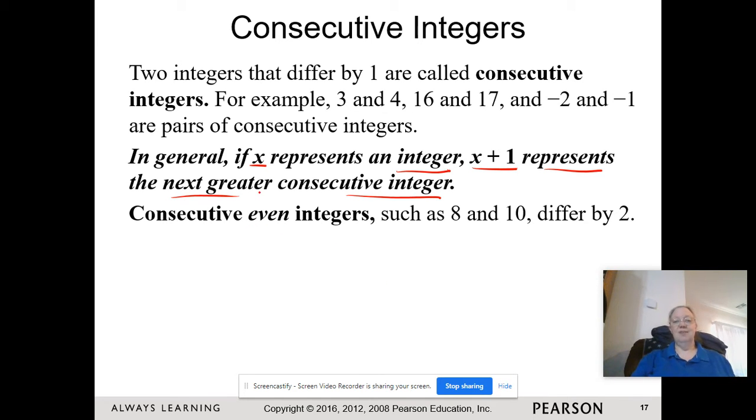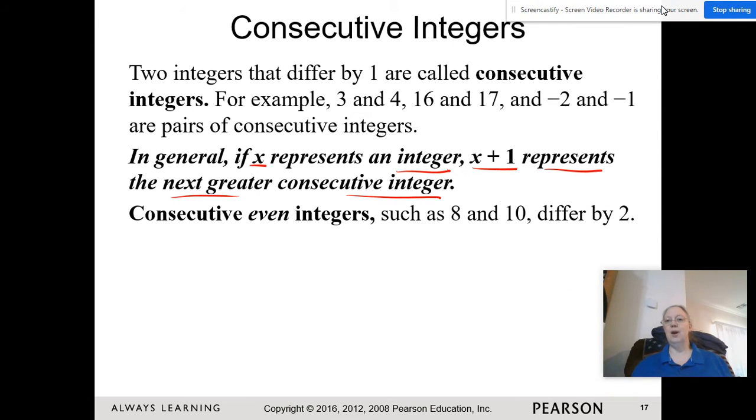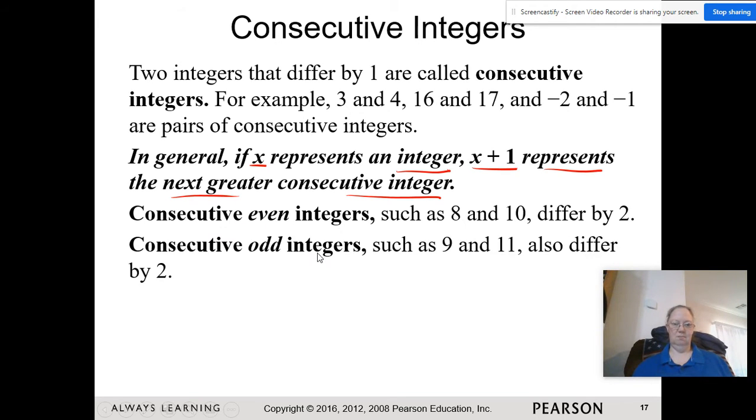Now, when we have consecutive even integers, like say, for example, 8 and 10, notice we are going up by 2. And consecutive odd integers like 9 and 11, for example, they also go up by 2.